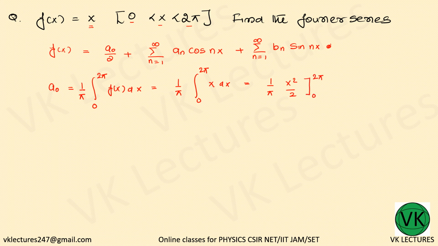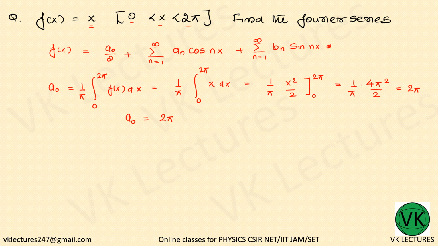Now substituting for x, that is 2 pi, so 4 pi square by 2, so that's equal to 1 by pi into 4 pi square by 2. Pi gets cancelled, and this gives us 2 pi. So the value of a naught equals 2 pi.